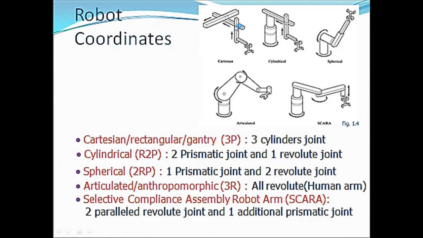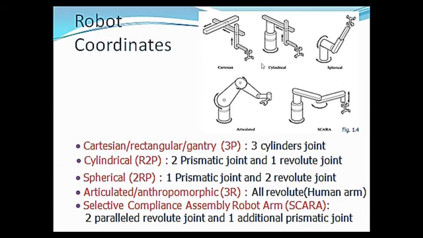Cartesian means it has three translatory movements. The second is the cylindrical coordinates, which means it can rotate about this axis. The next is the spherical coordinates. It has a spherical movement of both the joints. That's why it is called the spherical coordinates.